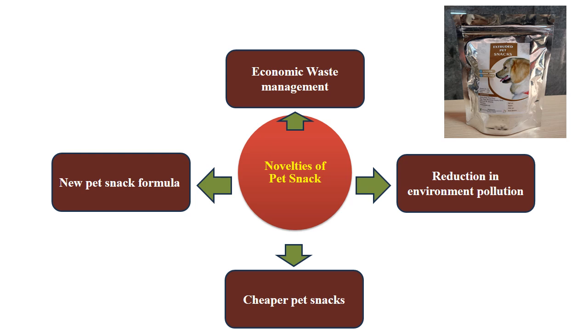Normally poultry pet foods will have the total nutritional requirements, but in this case it is only for a partial requirement, so the complete nutritional requirement need not be fulfilled from this pet snack. It helps in avoiding environmental pollution and making the poultry industry more economic. So this is available as a new technology. We can see a packet in the top right corner.